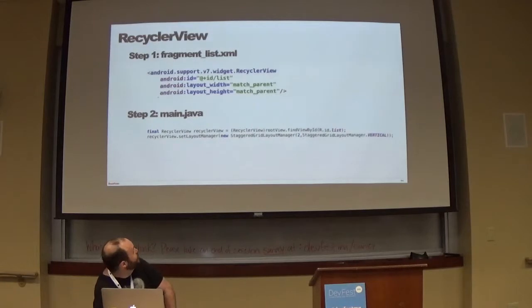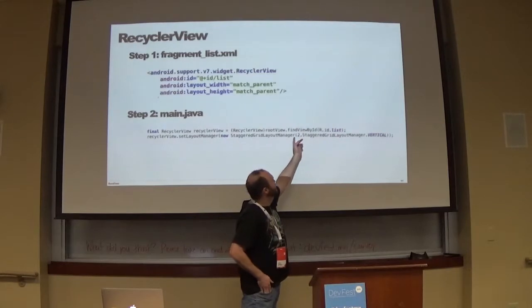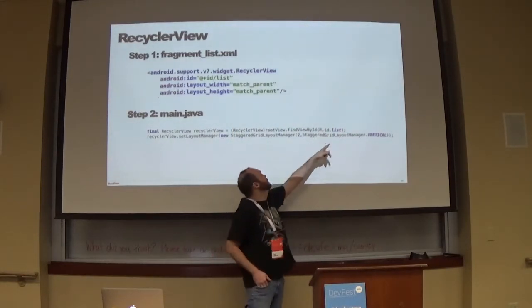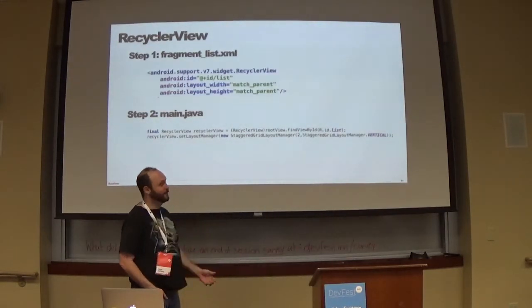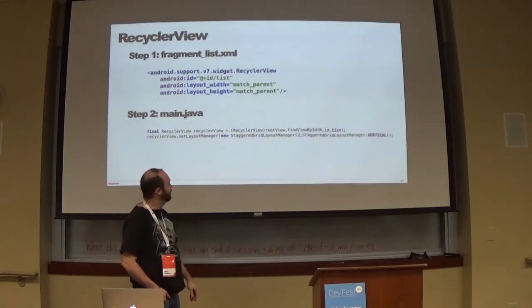And then once we have that in our main.java, we get the reference by your standard findViewById, and we call that list. Then we have an instance of it, and we're going to add our layout manager, because we're only going to use one and not get all fancy.